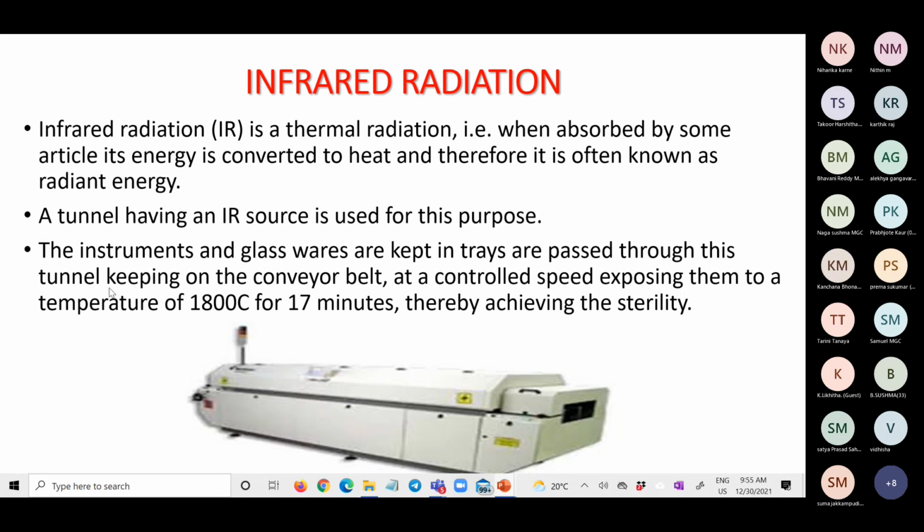Just read this till here only. Because in the instrument there is one tunnel and one infrared source, all the things which need to be sterilized should pass through that tunnel. And how are they passing? That is after keeping them on the conveyor belt.